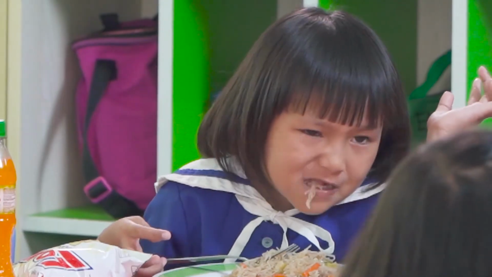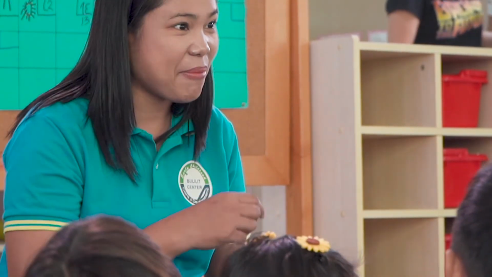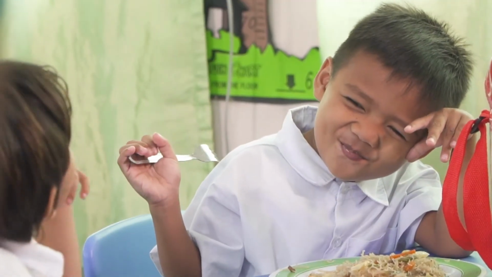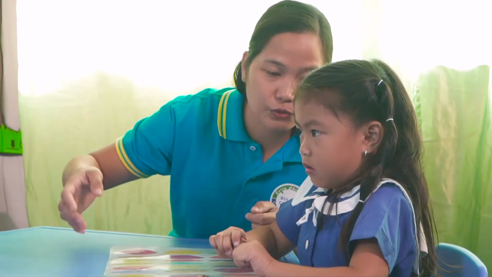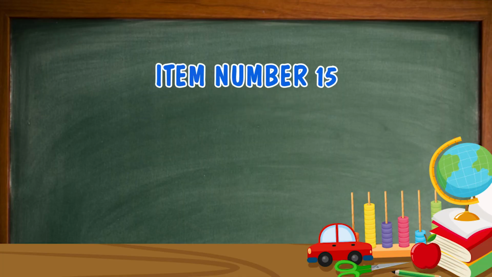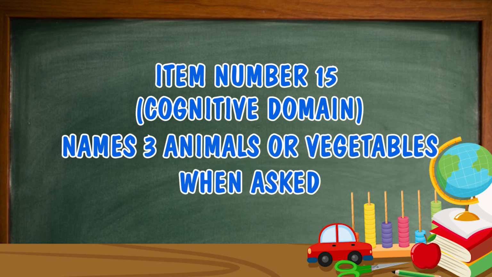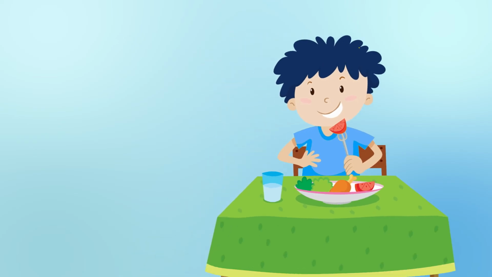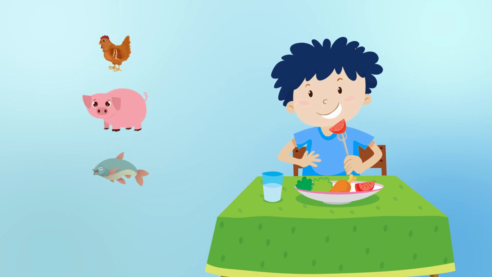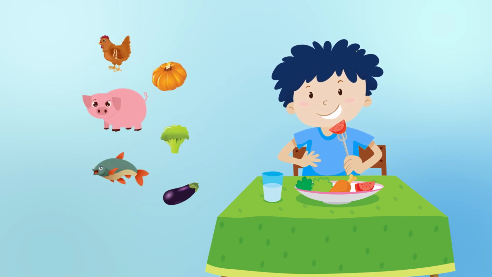During snack time, the teacher may ask one child at a time what vegetables they can see in their food. This way, the teacher may be able to assess item number 15 under the cognitive domain. Names 3 animals or vegetables when asked. Napangangalanan ng 3 hayop o gulay kung tatanungin.